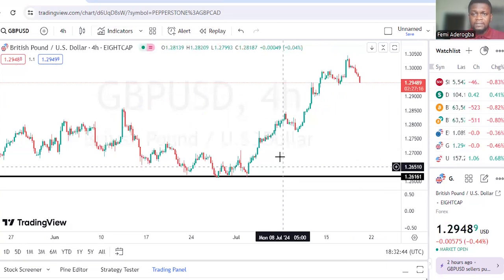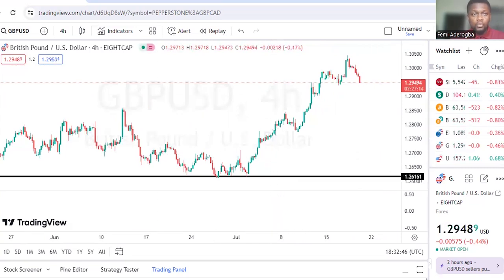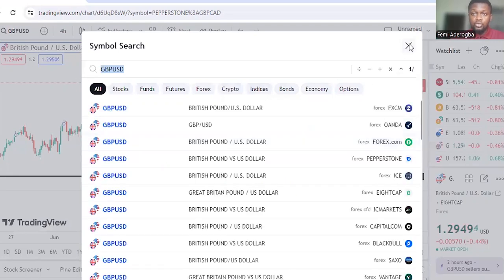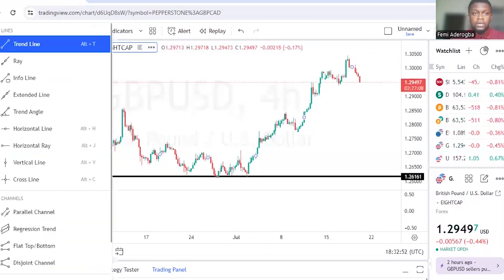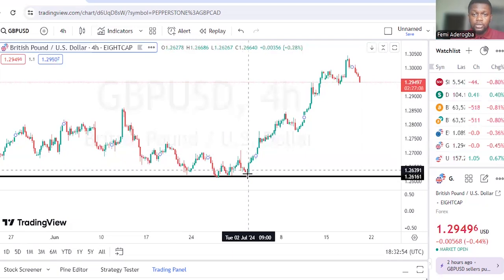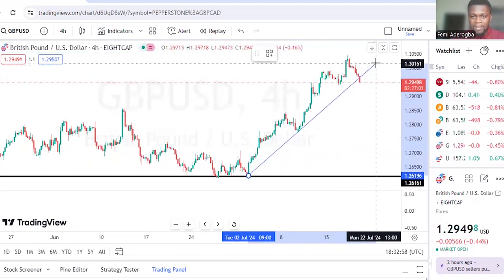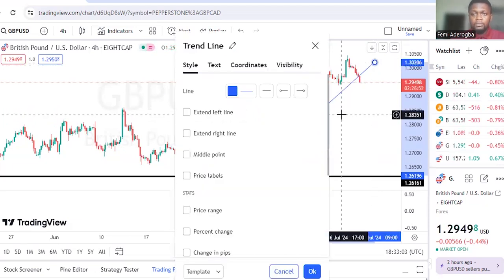Now let's start from where the market started. It's even more sensible for us to do that for security purpose, and for us to make a good decision. It's better for us to start drawing our trend line where the market started moving up.